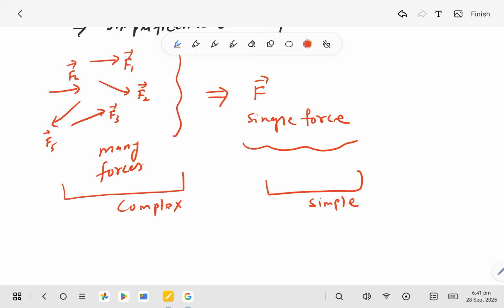It means the motion of the body will be simplified if we can convert all these acting forces on the body into a single force.